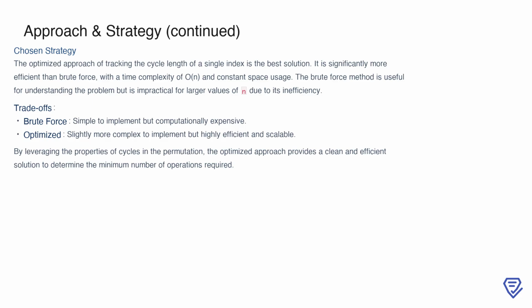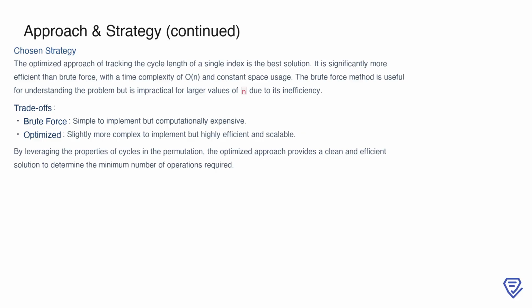While the brute force method is helpful for understanding the mechanics of the transformation, it is computationally expensive and impractical for larger values of n. In contrast, the optimized approach leverages the deterministic nature of the transformation to minimize both time and space complexity. With a time complexity of O(n) and constant space usage, it scales well and is suitable for all valid input sizes.